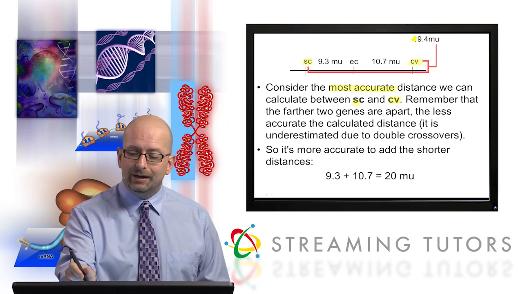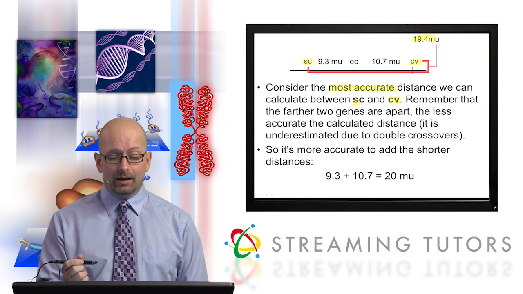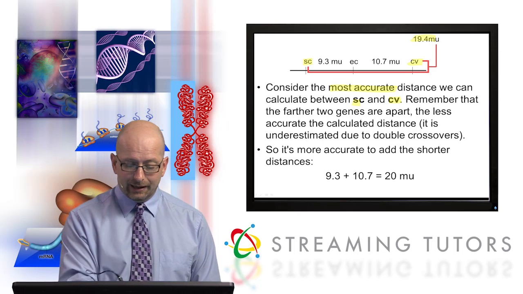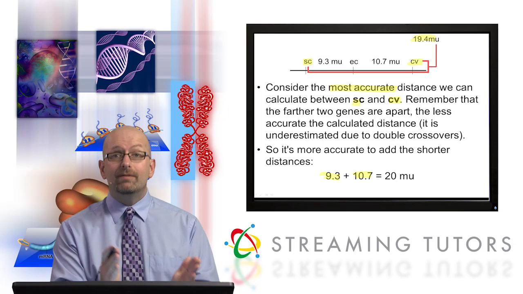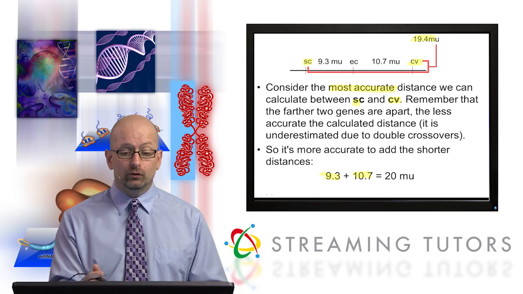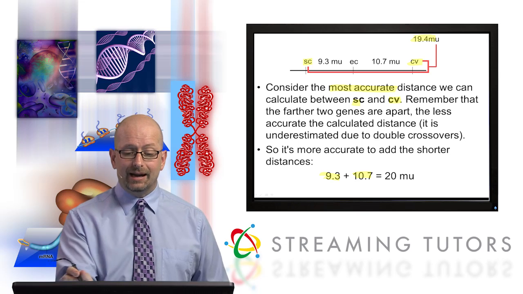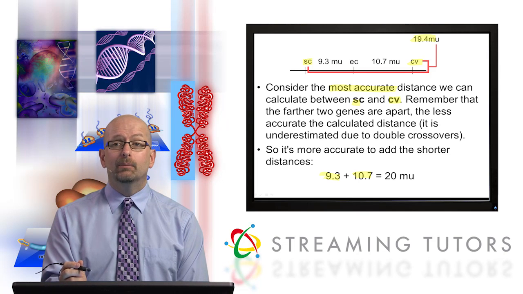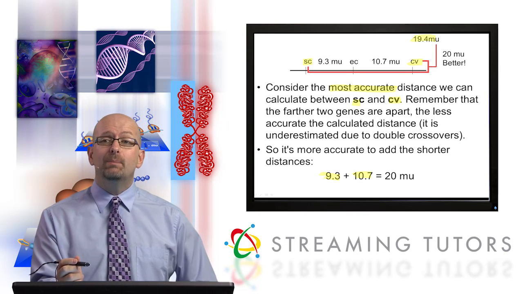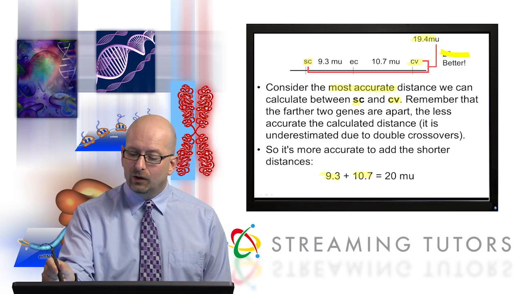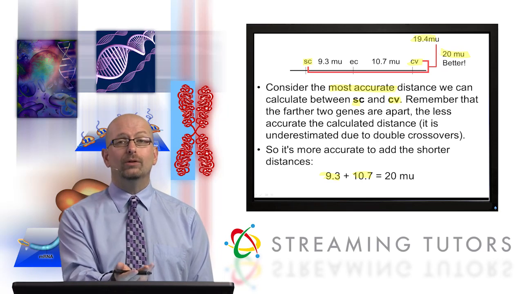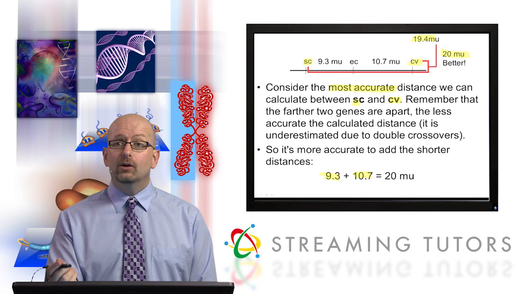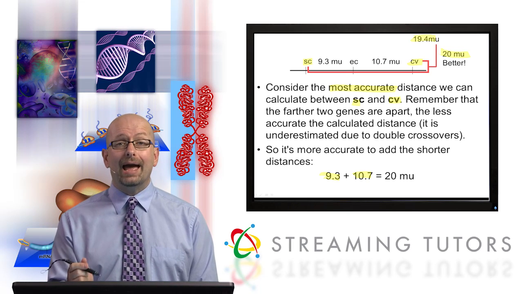It means that this 19.4 is likely to be an underestimate, and therefore it's quite appropriate and you should do it. When you have information about smaller intervals, add them up. So if you get 9.3 and 10.7, put them together, it is better to say that even though I calculated 19.4 map units between skewed and cross-veinless, 20 map units is a more accurate distance.